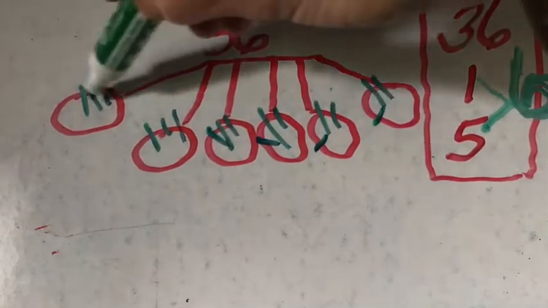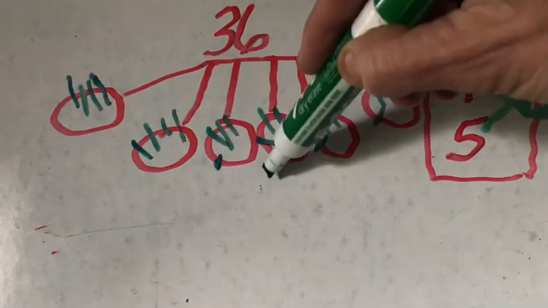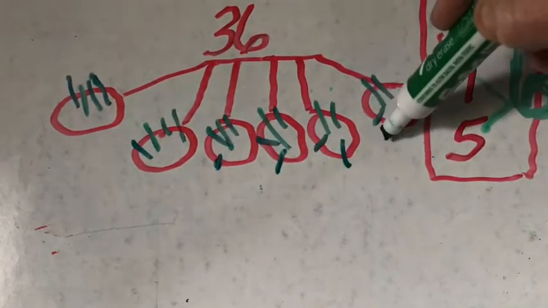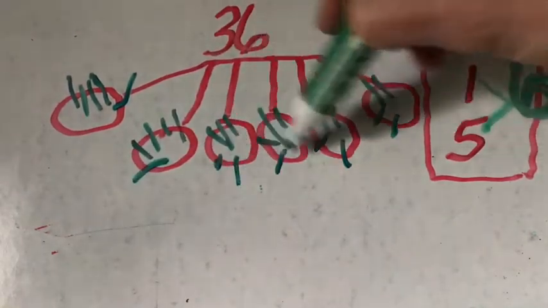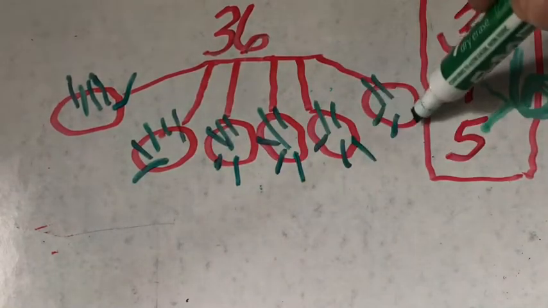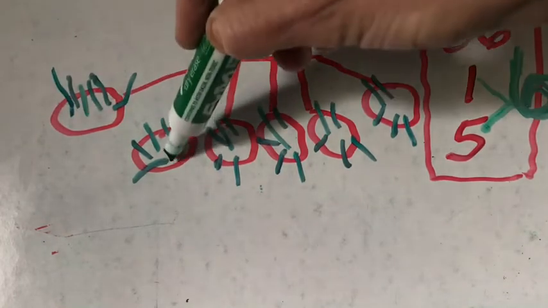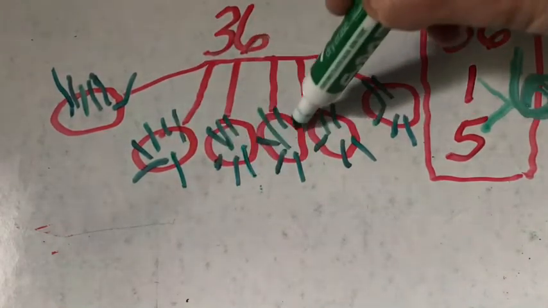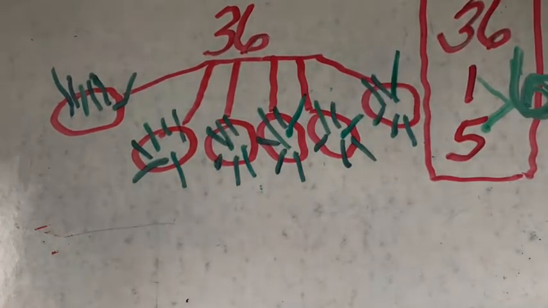I can go 1, 2, 3, and so on, up to 21, 22, 23, 24, 25, 26, 27, 28, 29, 30, I'm almost there, 31, 32, 33, 34, 35, 36. I made it to 36.